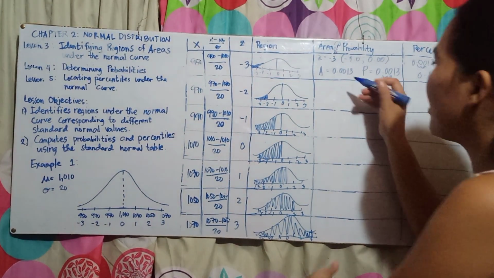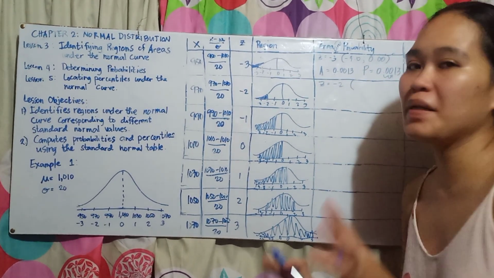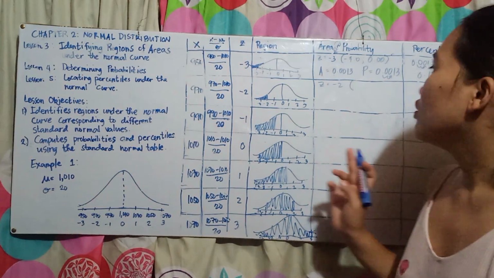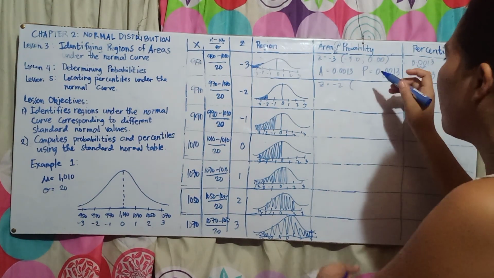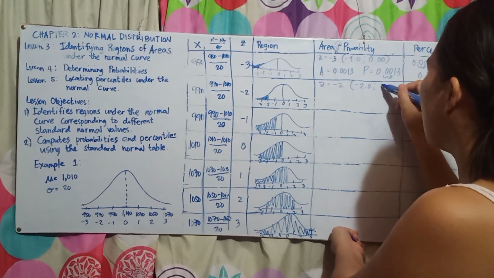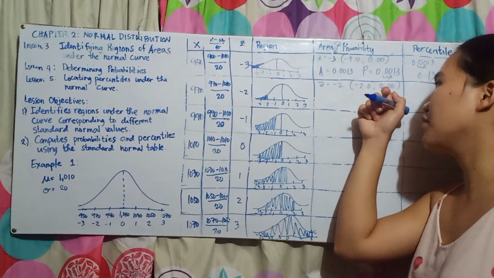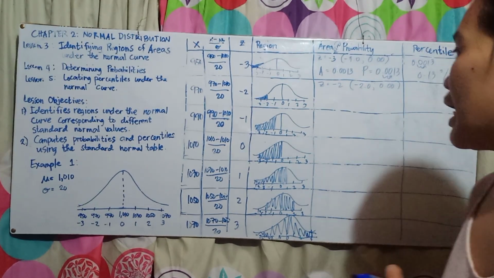Okay, next. Z equals negative 2. So, pag-split ni mo siya into 2 decimal places, magiging negative 2.0 and 0.00. Dapat, ang numbers diri mag-match sa number sa table.